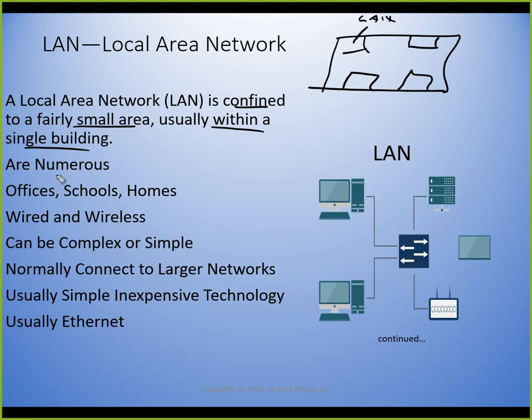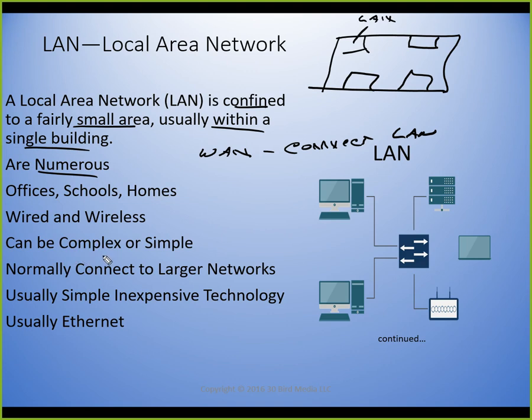When we get to the wide area networks, the WANs, which are next, the WAN connects LANs. LANs, local area networks, are what you and I have: offices, schools, homes, wired or wireless, complex or simple.